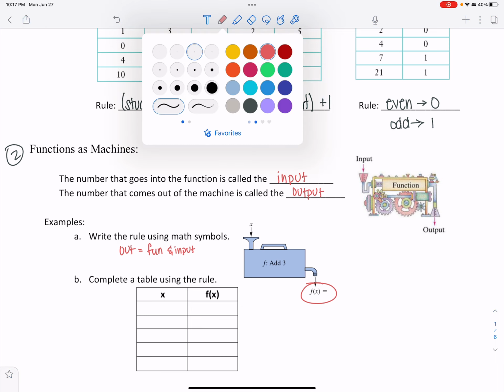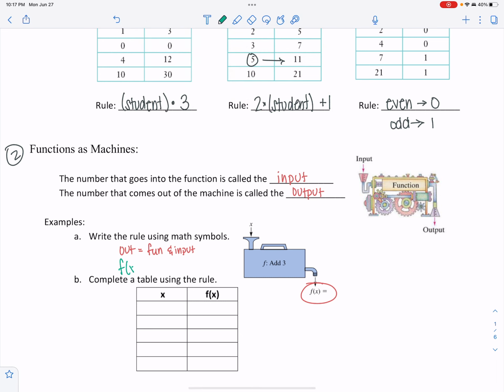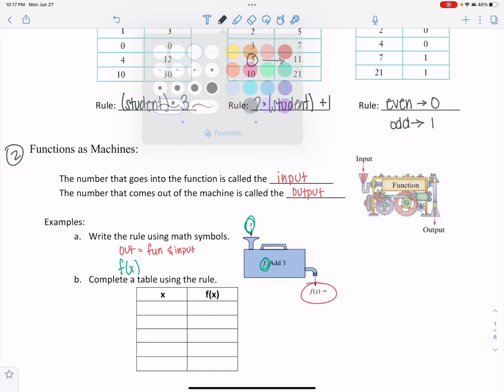So the output is going to be f of x, because this is function f in variable x. That's what f of x means. And that's going to equal x that goes in, and the machine then adds 3 to it. So my function using math symbols is going to be f of x equals x plus 3.